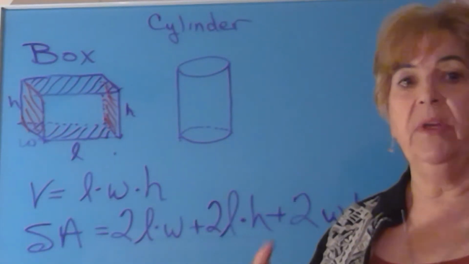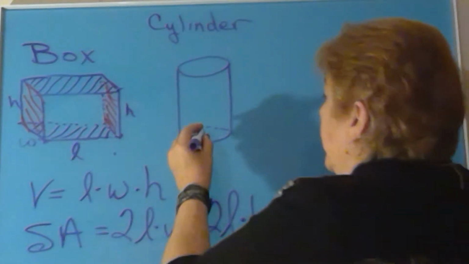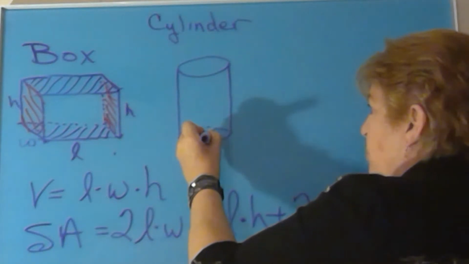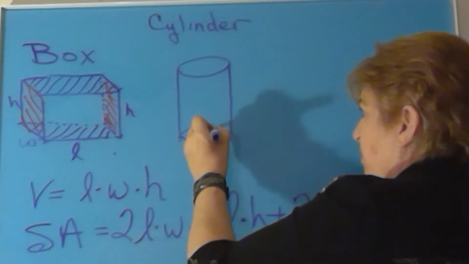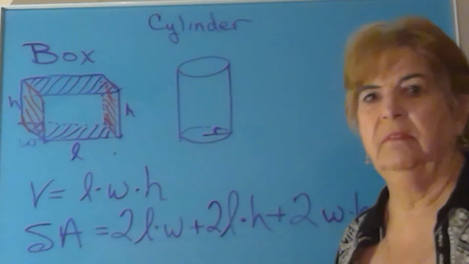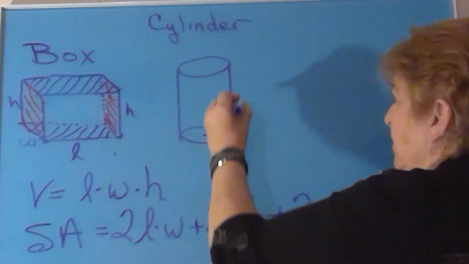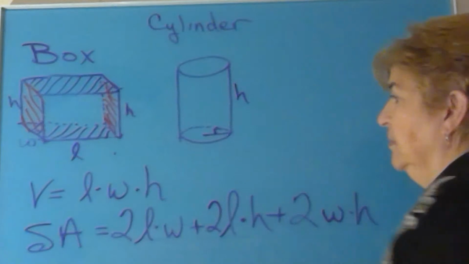I told you we were going to see how these are related. If this is a circle, you should be able to find the radius. And it also has a height.